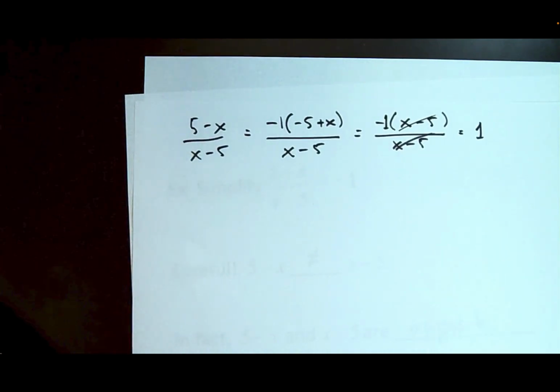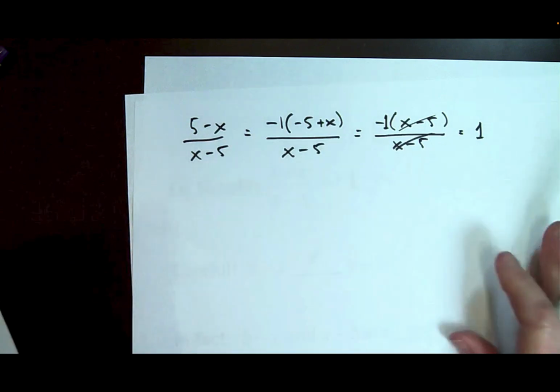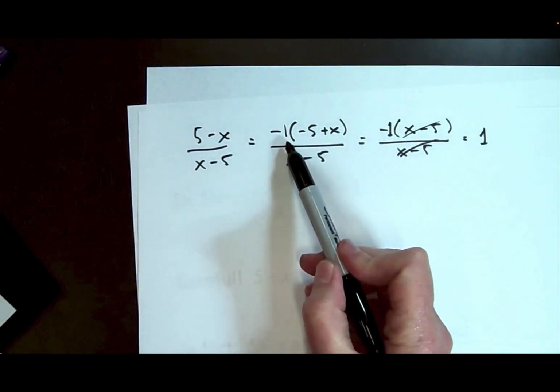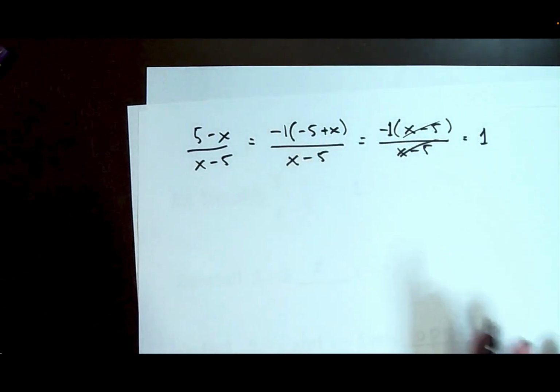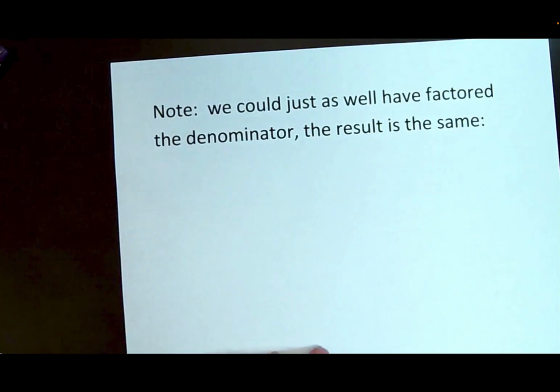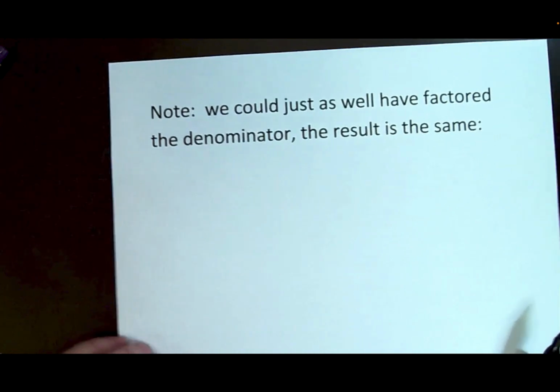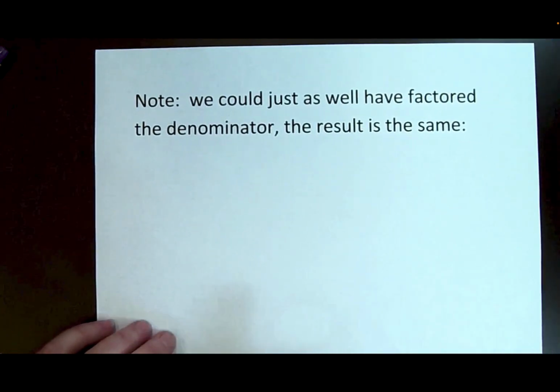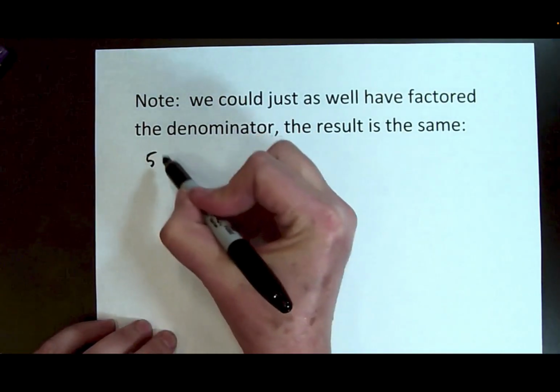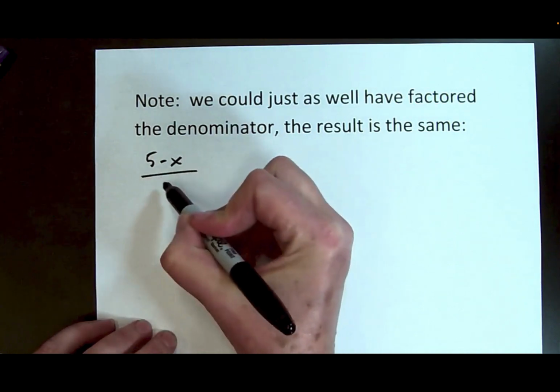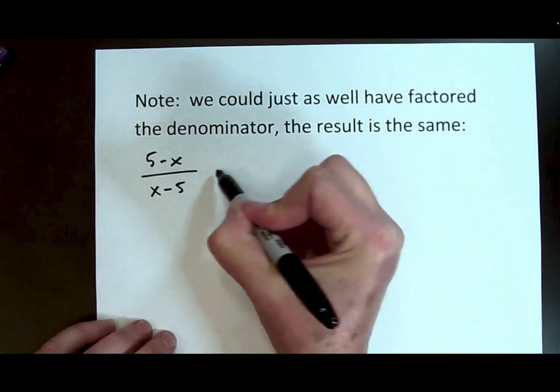Now, I just want to mention that what I did here is I factored a negative 1 out of the numerator. If you find yourself doing this, don't worry about trying to remember which one am I supposed to factor? Because we could have factored the negative 1 out in the denominator, and that would have been just fine.